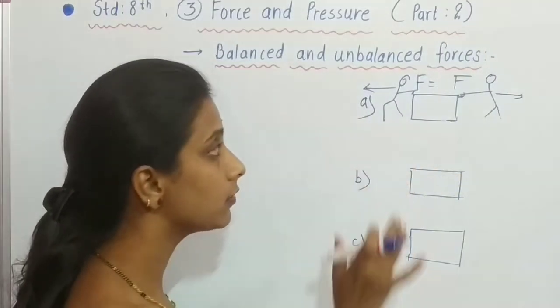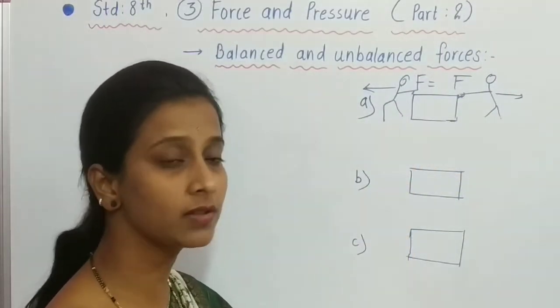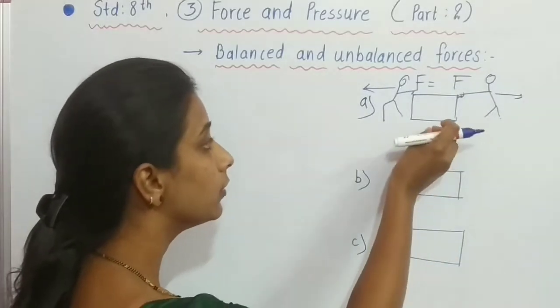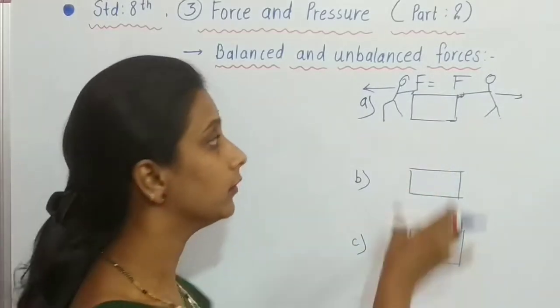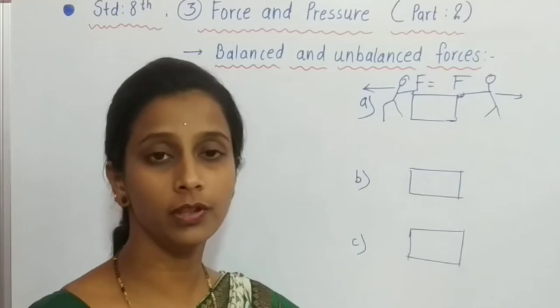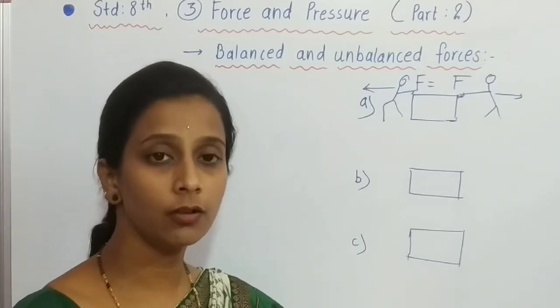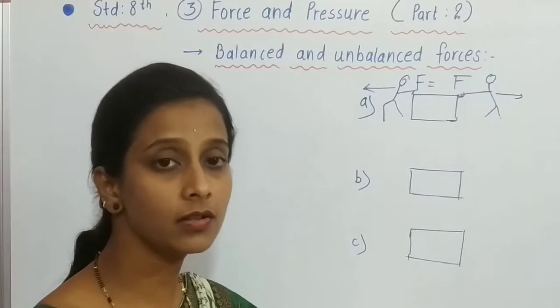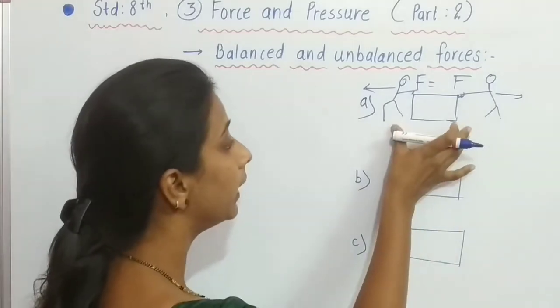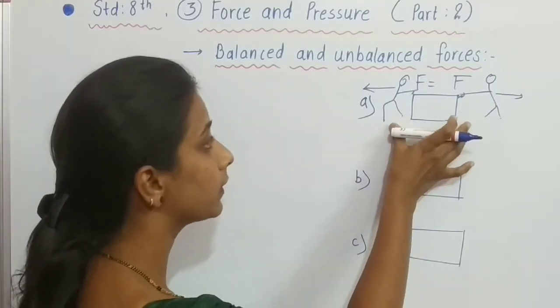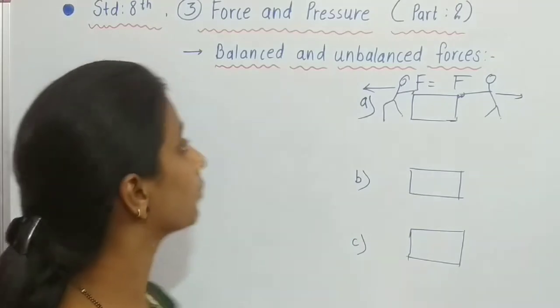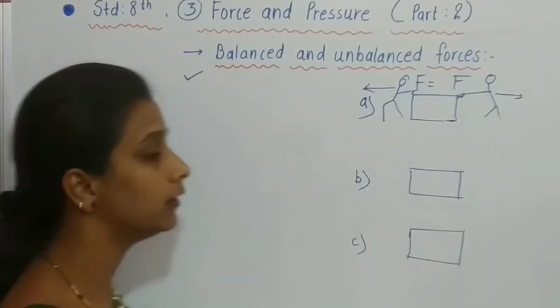Means here directions are opposite, but force is equal. And due to the pulling from these 2 persons, that object will not move, and such kind of force applied from 2 sides by 2 persons is called a balanced force.